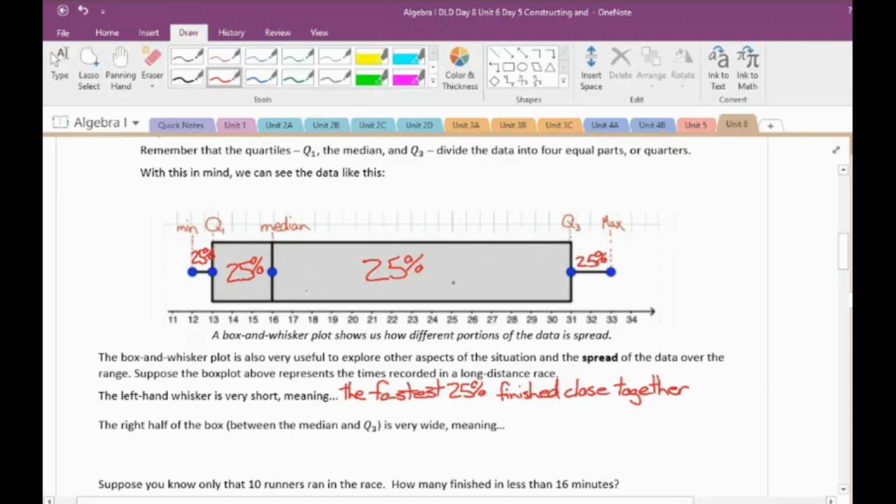Notice this is really spread out. This is the group between 50 and 75%.